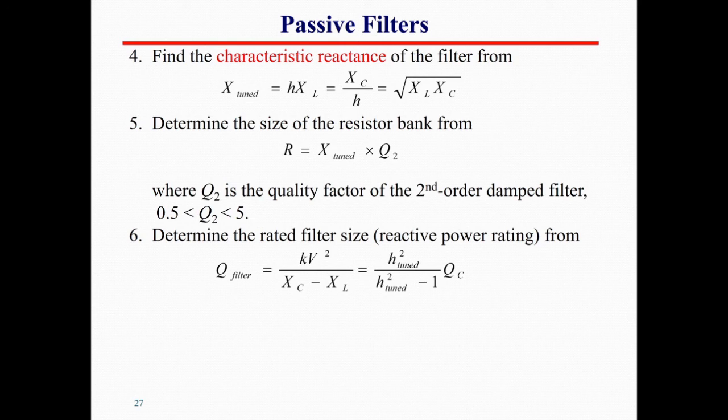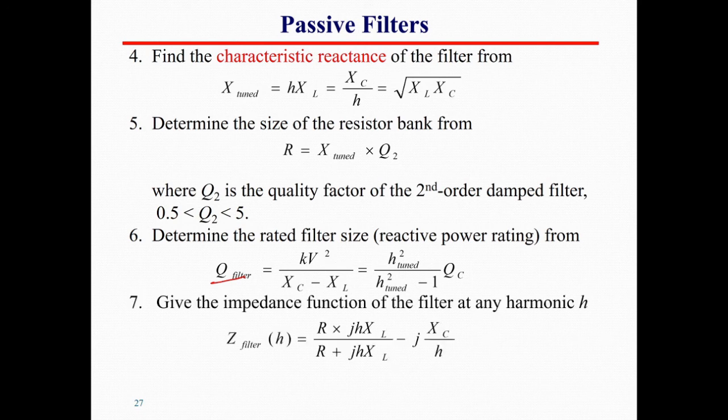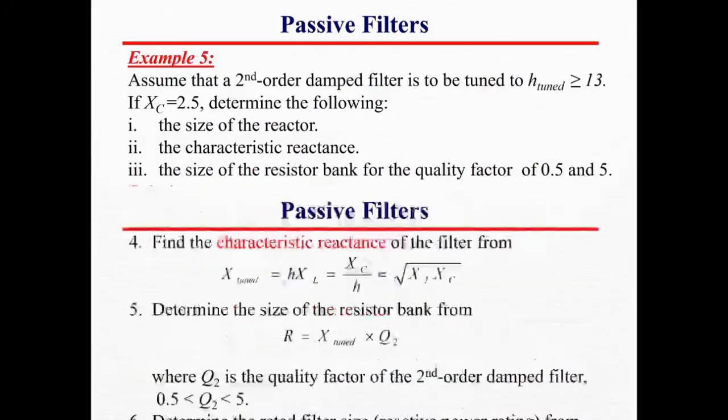And then we can determine the rated size for the filter, which consists of R parallel with L in series with C. So it will be the voltage squared divided by XC minus XL, or H tuned squared over H tuned squared minus 1, times the reactive power of the capacitor. This gives the impedance function of the filter, as is given in this equation.